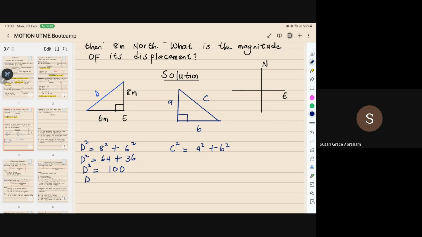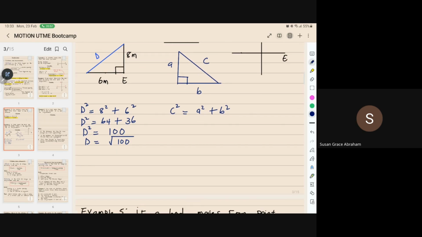So D is equal to the square root of 100. At the end of the day, we'll have that D is equal to 10 meters. Are you seeing it now? So displacement is 10 meters. Now, if they ask you to find the direction, that is where some of us will be confused about how to get the direction.